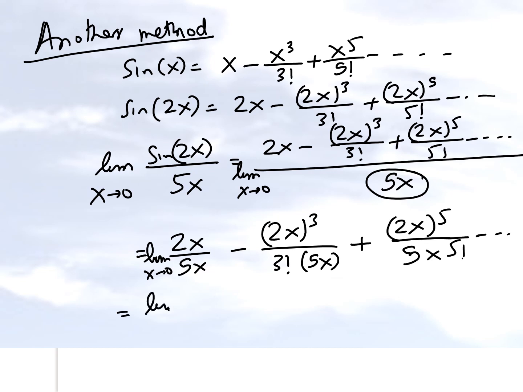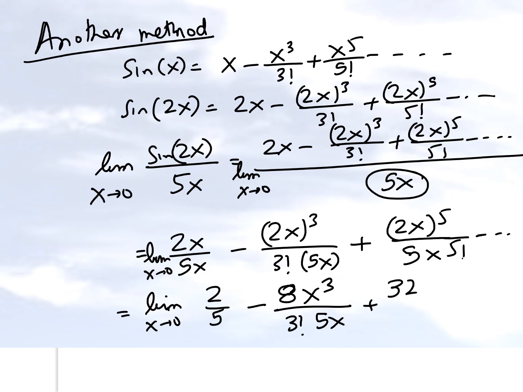So here I'll get 2 divided by 5. 2 raised to the power 3 is 8, so I'll get 8x cubed divided by 3 factorial times 5x. And 2 raised to the power 5 is 32, so 32x to the power 5 divided by 5x times 5 factorial, minus so on and so forth.